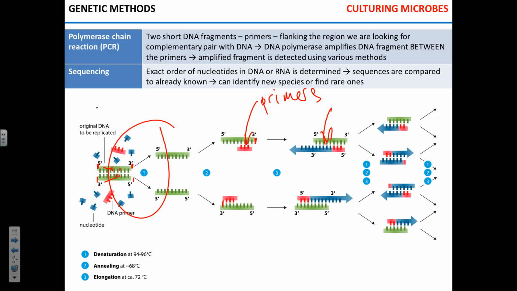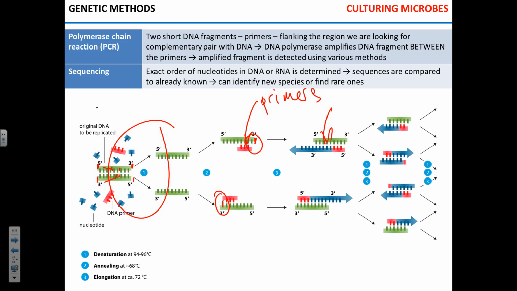Does that make sense? So we use primers to restrict the part of DNA that we're going to work with. Essentially, primers tell the enzyme, you're going to start from here and from here. That's the starting point. Got it?